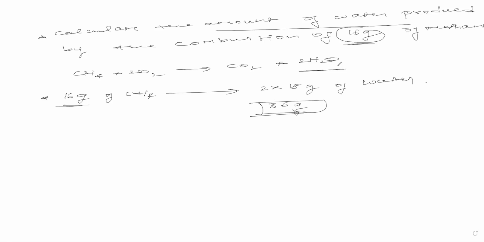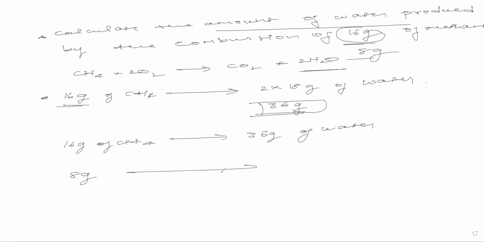For example, instead of 16 gram, in case they give 8 grams, how do we do this? See, 16 grams of methane gives 36 grams of water. So when you take 8 grams of methane, how many grams of water does it give? Take that as x.